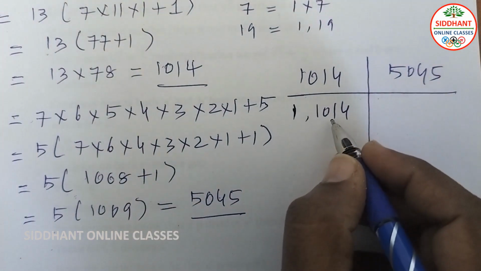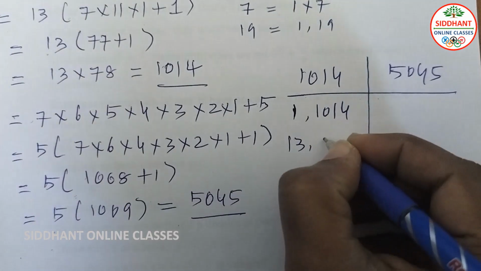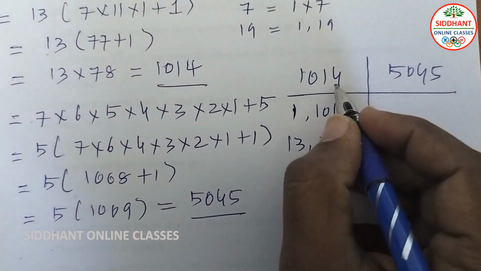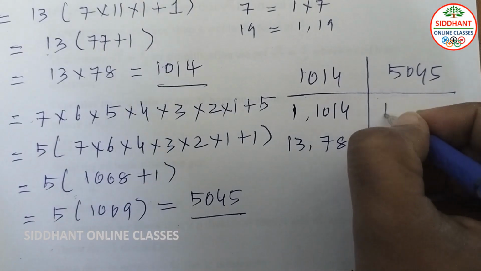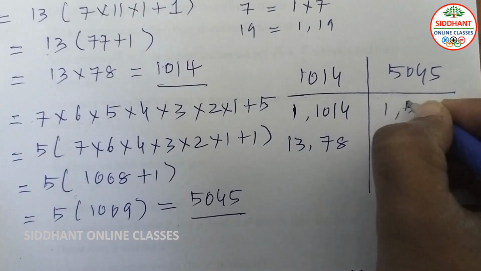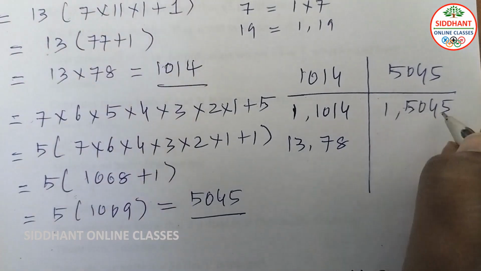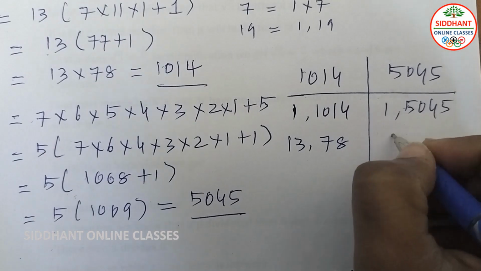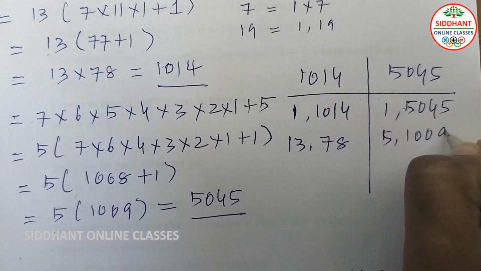Apart from these two, we get another two numbers, that is 13 and 78 also. So these two numbers are also factors of 1014. Now 5045: 1 and the same number 5045. Apart from this, what are the factors? That means 5 is one factor and 1009 is another factor.